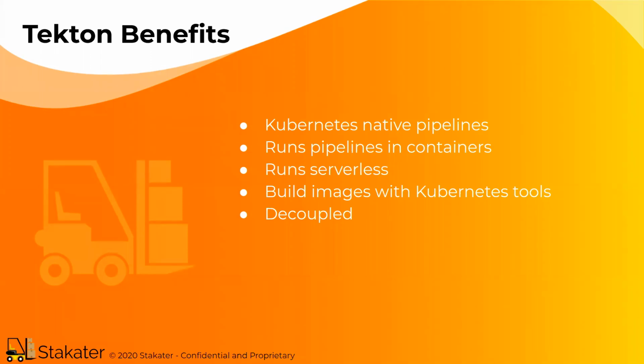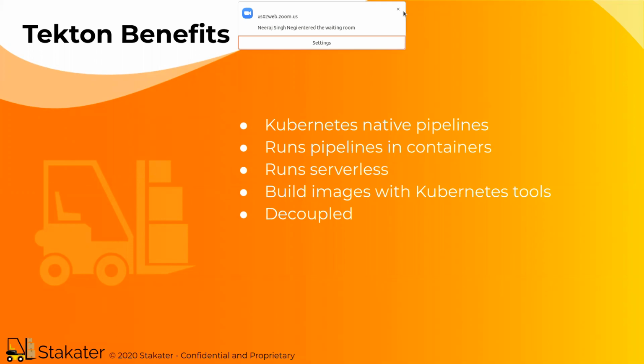It means that no resources are consumed when you are not running anything. The good thing is you can build images, because normally in the pipeline you use different image building tools, because you need to build a Docker image for your application. So you can use Kubernetes tools like Kaniko, Buildah, Podman. And the components are quite decoupled.